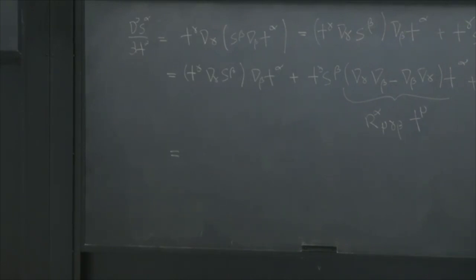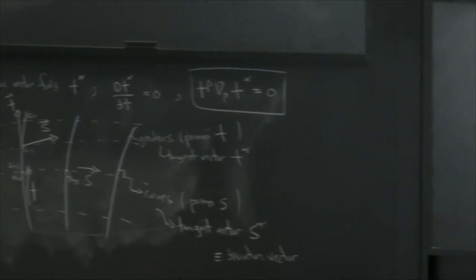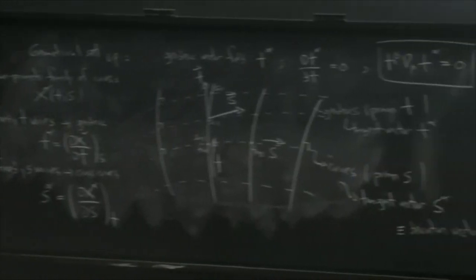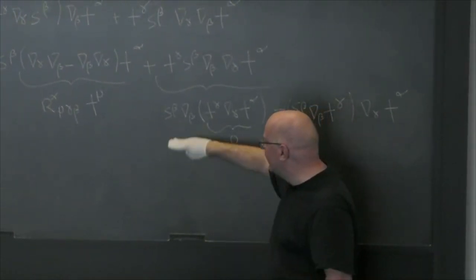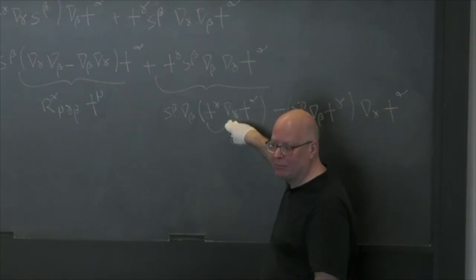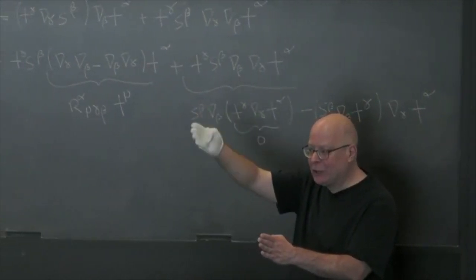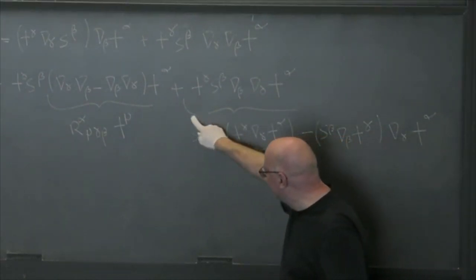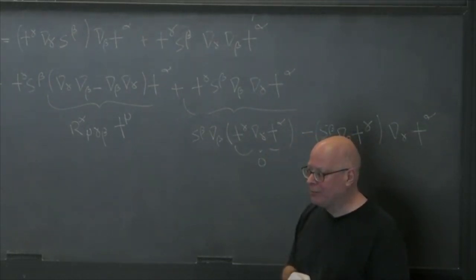So what you're pointing out here is that if I had one geodesic among a network of curves, I could conclude that this is zero on one geodesic, but that would be taking the s derivative of that quantity. And if I didn't have geodesics neighboring that one geodesic, the s derivative might not be zero. So part of the setup here was the notion that we have a geodesic vector field so that it's zero not just on one curve, but everywhere. So I can take an s derivative of that, and it's going to be zero because it's geodesic everywhere. So I think that's what you were pointing out.